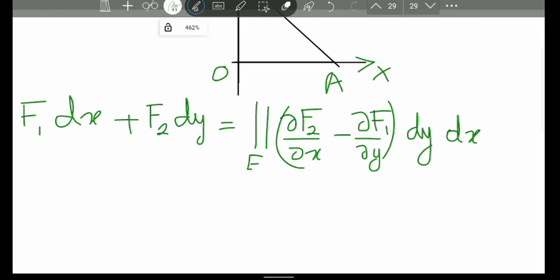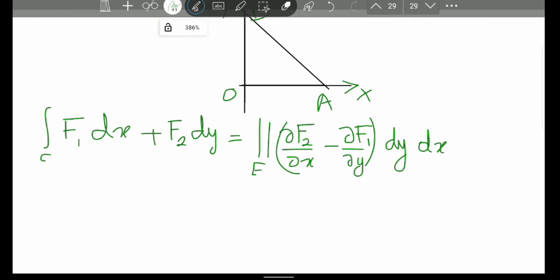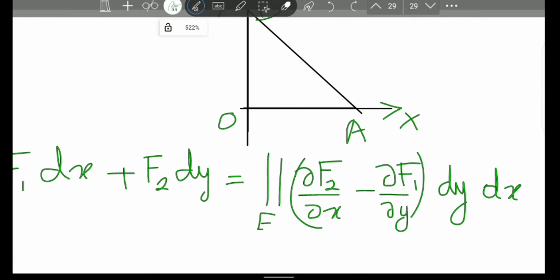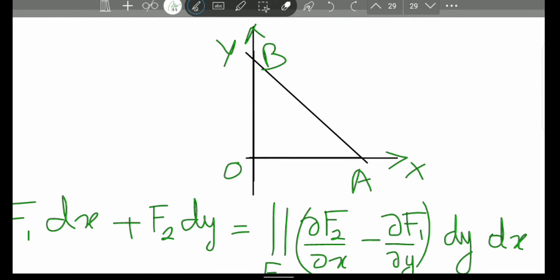Once again, we have by Green's theorem integral over closed curve f1 dx plus f2 dy equal to integral over region del f2 del x minus del f1 del y. Now further, we should make sure that we have a closed curve, and it's necessary that we have anti-clockwise direction for that closed curve.